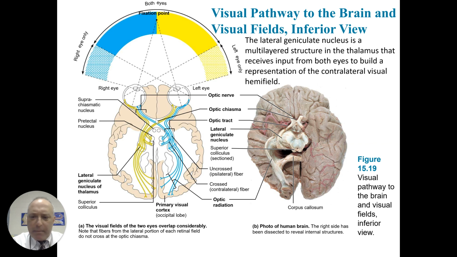It crosses at the optic chiasm, stops off at the thalamus, where it receives input from both eyes, and this builds representation of the contralateral visual hemifields, which means that the right side of the thalamus would map out the left eye, and the left side of the thalamus would map out the right eye. And then there are processes that proceed to the primary visual cortex, where it is mapped.